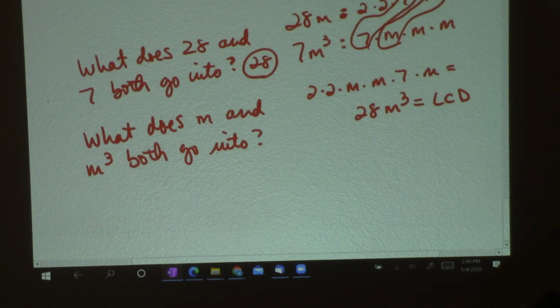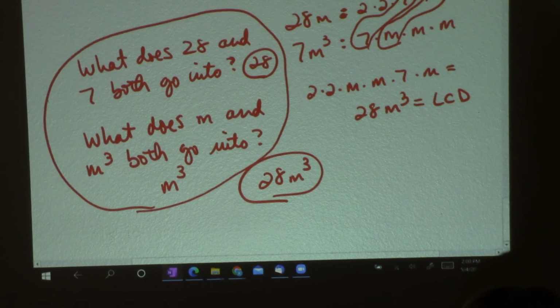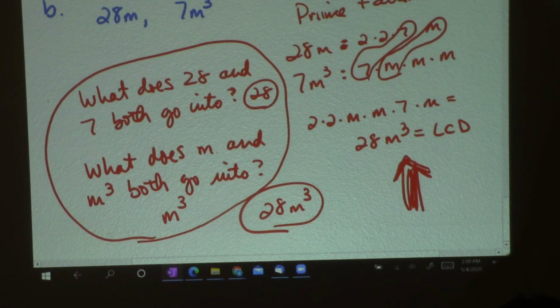Well, you can have as many m's as you want for m, but for m cubed I have at least 3. So the smallest number of m's that I can have for both of them would be m cubed. So then I put those together and I get 28m cubed. So you can talk your way through it this way. I'm just telling you, you do also need to know the other way because it will get harder, the numbers will get bigger, and it won't be so obvious to see.